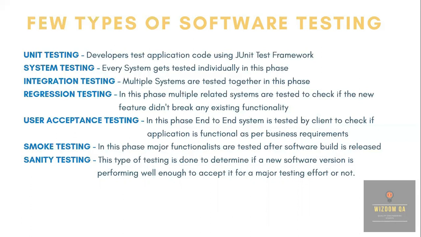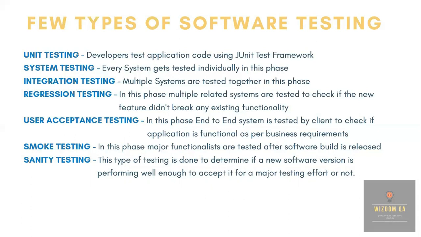Then comes user acceptance testing. In this phase, the end-to-end system gets tested by the client. So in the IT services industry, you create the application and then you deliver the application to your client. For example, Accenture is an IT services company.